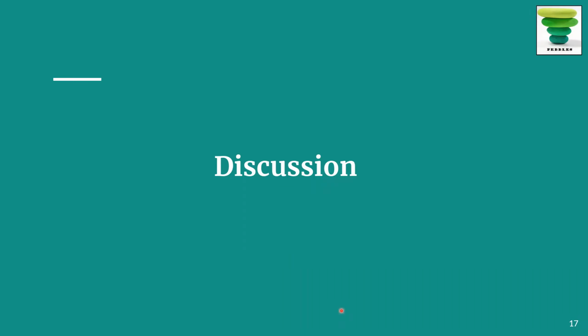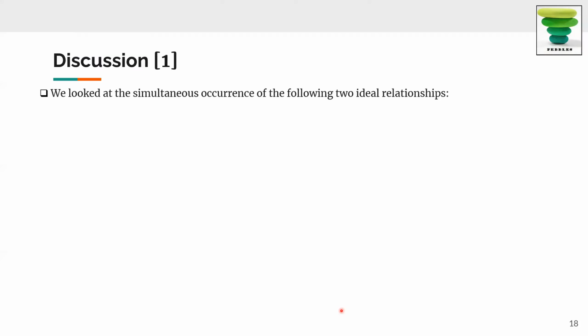So, moving on to discussion. We also looked at the simultaneous occurrence of the following two ideal relationships, where again we use the relationship between small q injection and capital Q injection, as well as assuming that the number of fractures intersecting the producer equals the number of fractures intersecting the injector.